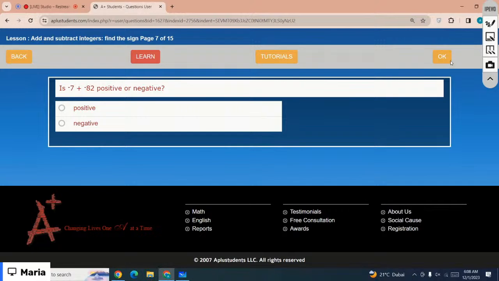Is negative 7 plus negative 82 positive or negative? Yes, both the numbers are negative, so the answer must be negative, right? Very good.